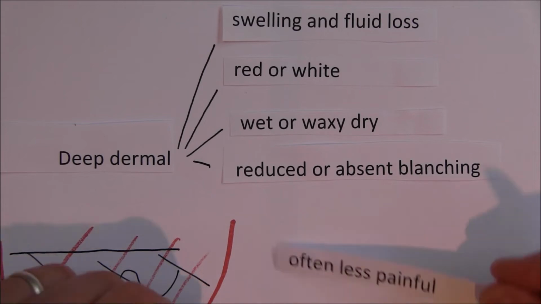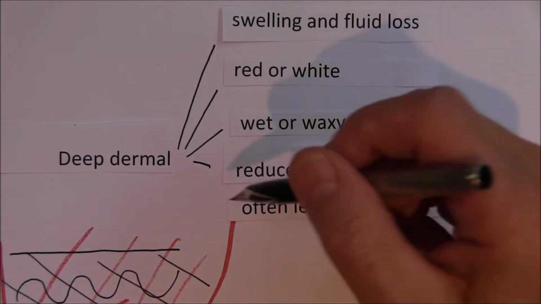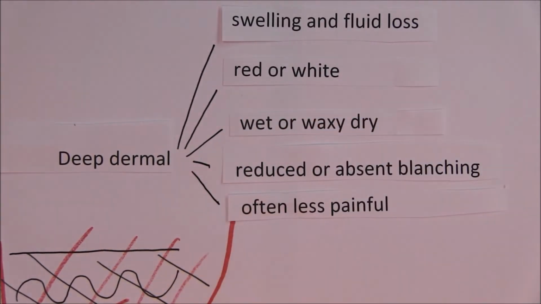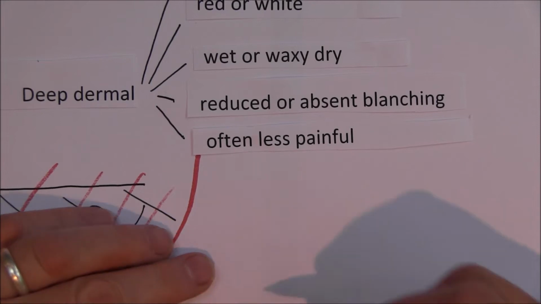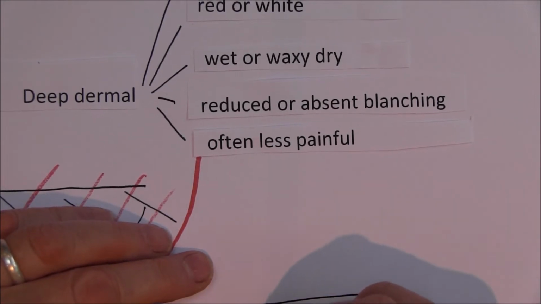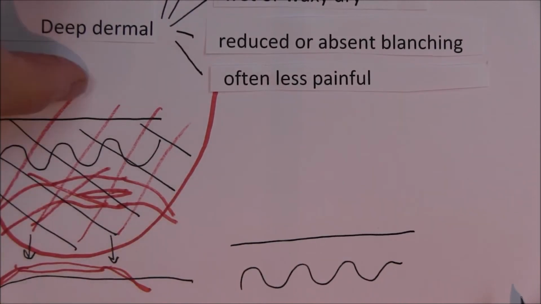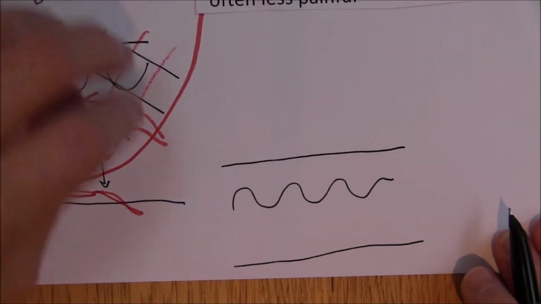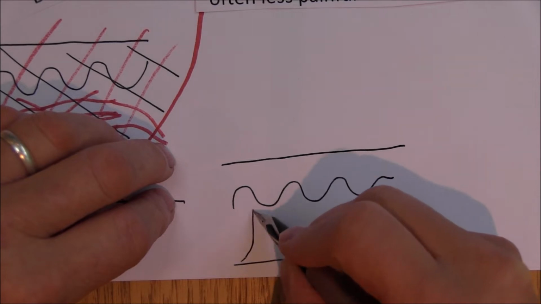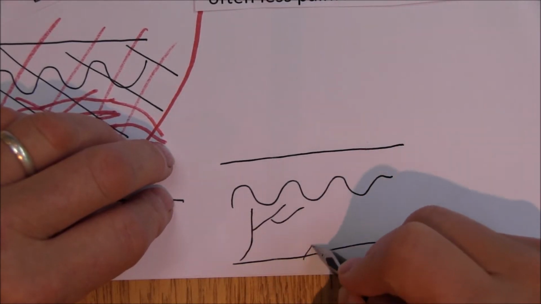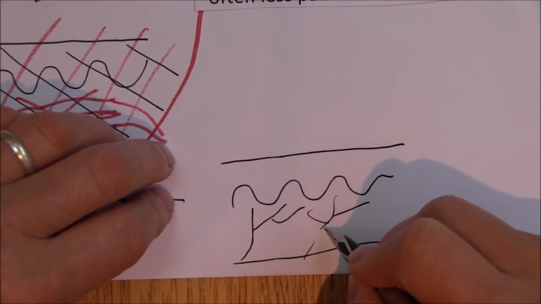And these burns are often less painful. Often less painful in the area of the burn. So again, if we think of the skin here, the epidermis, the dermis, we know that the nociceptors are spread throughout the dermis.